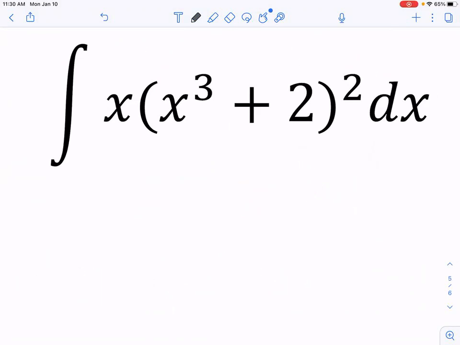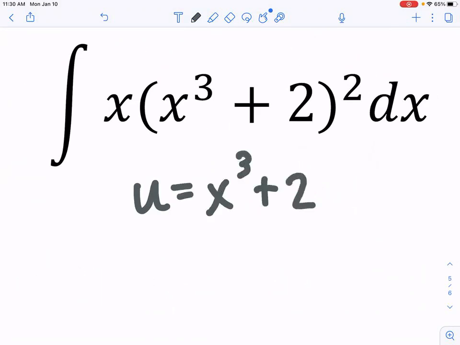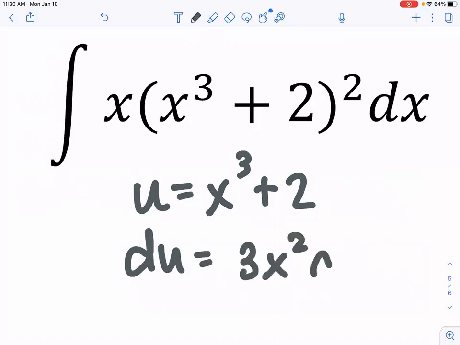Can we use U substitution here? Dylan, I heard you say no. So if my inside function is x cubed plus 2, then du would be 3x squared dx. And this is x to the first. We need an x squared. So U substitution is not going to work here, and we would have to actually multiply all of that out.